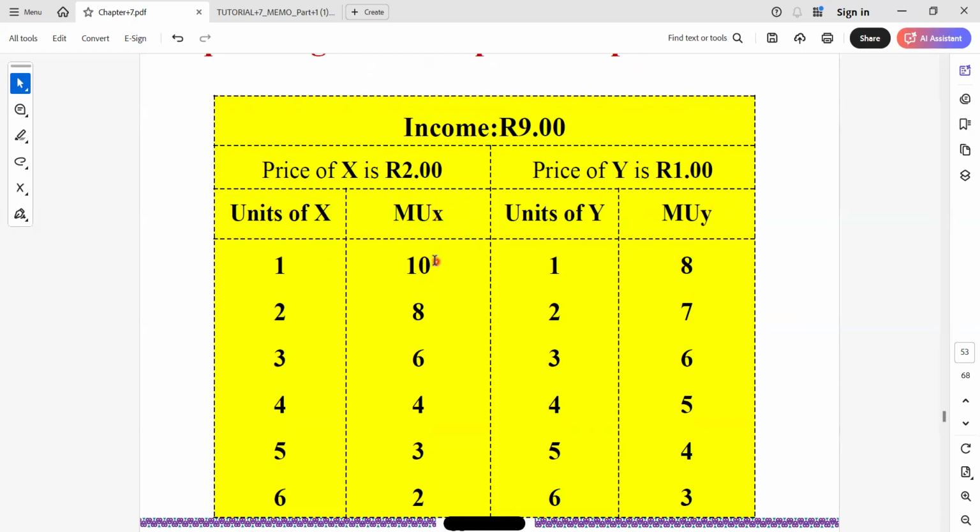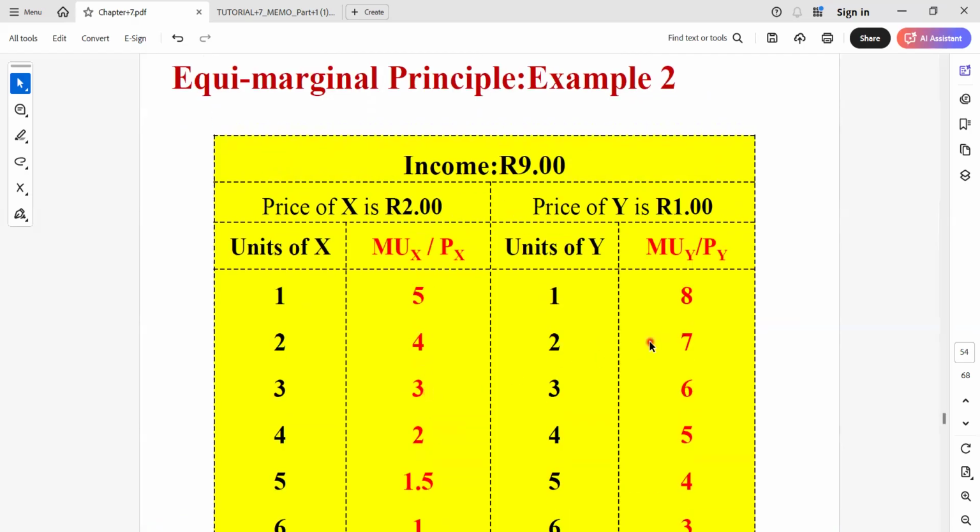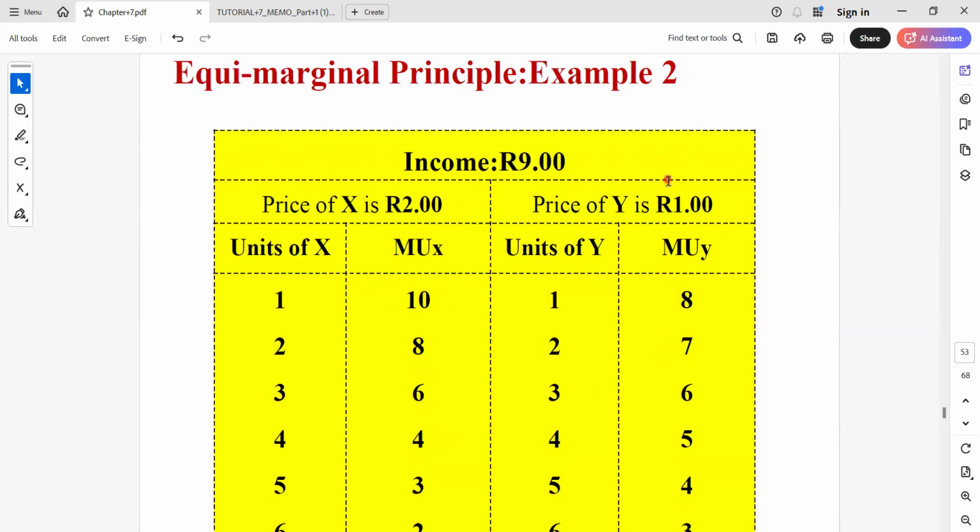So 10 divided by 1 is going to be 10. 8 divided by 1 is going to be 8. 6 divided by 1 is 6. Basically this side is going to remain the same, because the price of Y is also 1 rand. So now we're going to find the combination. Guys, did you see what we did here? They say now the price is 1 rand. So the price is no longer 2 rand for good X.